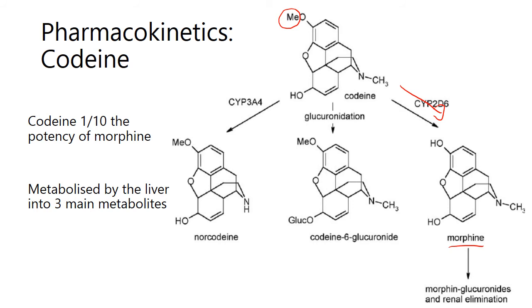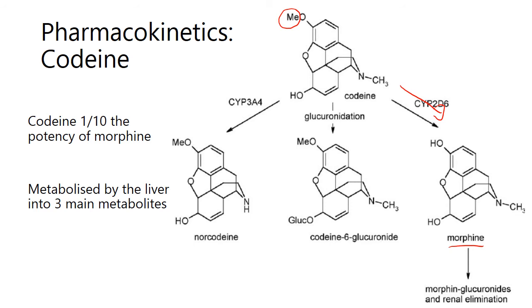Now, the amount of a drug that actually reaches the systemic circulation at initial ingestion is referred to as the bioavailability. So this is part of, in pharmacokinetics, what we refer to as distribution.